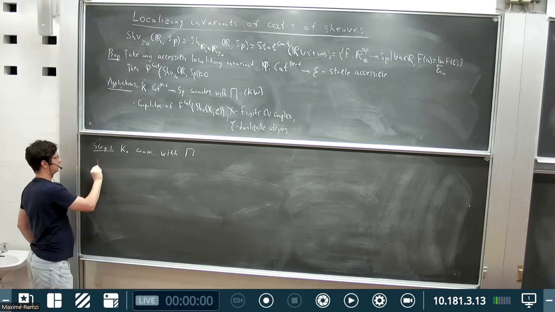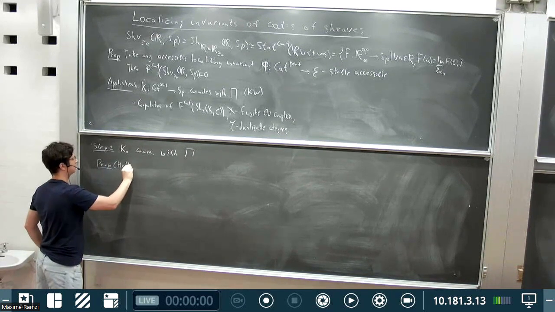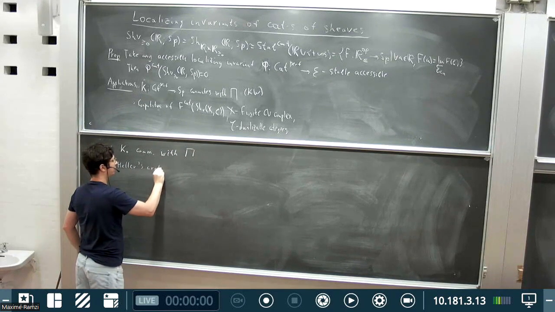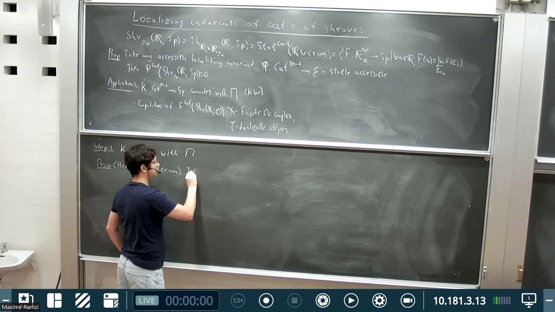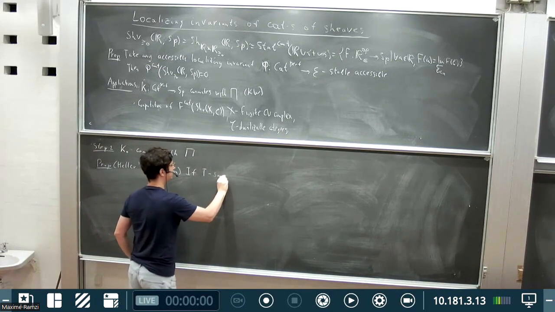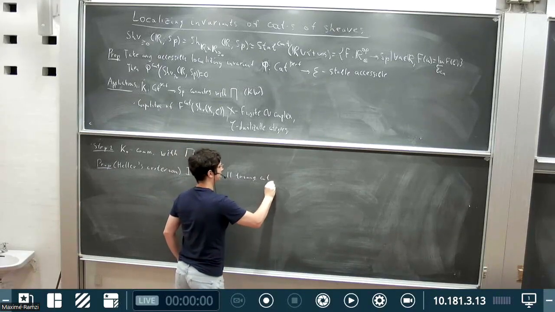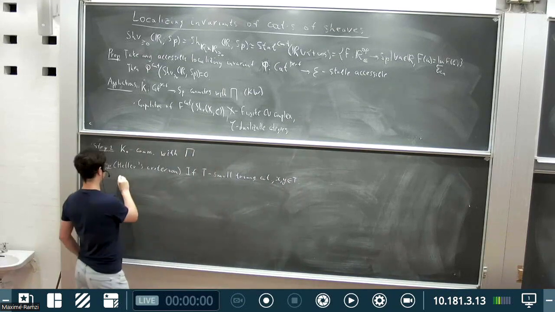You simply use this Heller's criterion: if T is a small triangulated category, and you take two objects, x and y, then the following are equivalent.